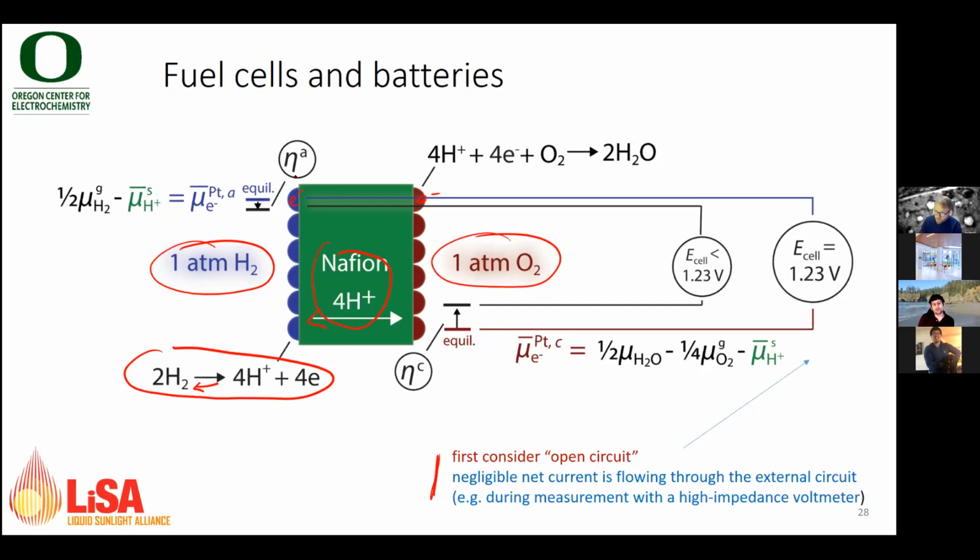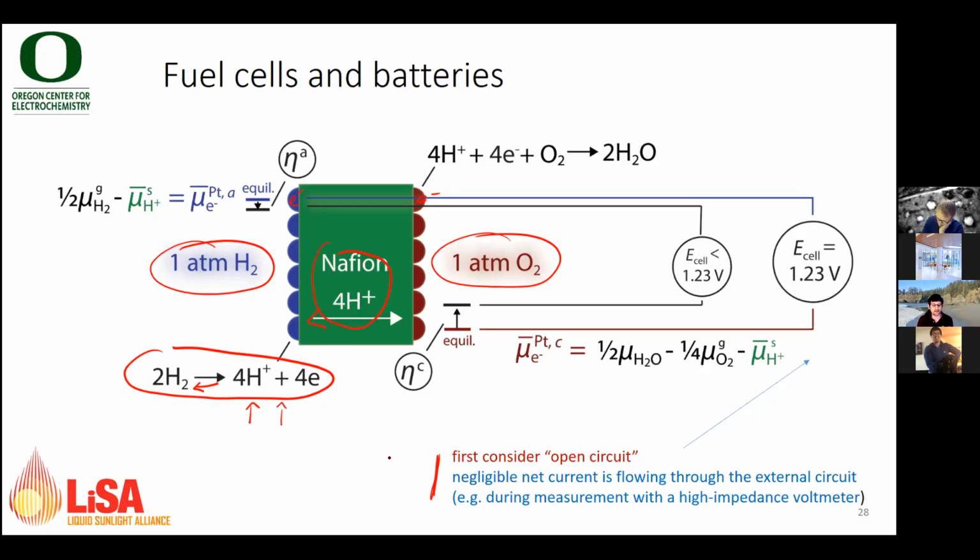And what this means, though, practically, open circuit, we're going to assume no current can pass. So what that means is the electrons on the left side, on the anode, are not in equilibrium with the electrons at the cathode. So let's think about this reaction. Can somebody tell me how I would write the electrochemical potential of the electrons at the hydrogen consuming anode?